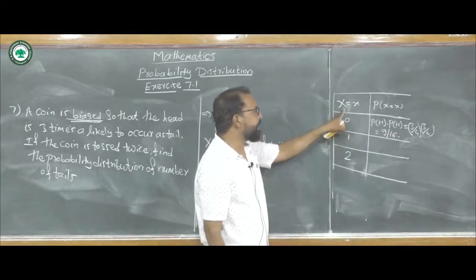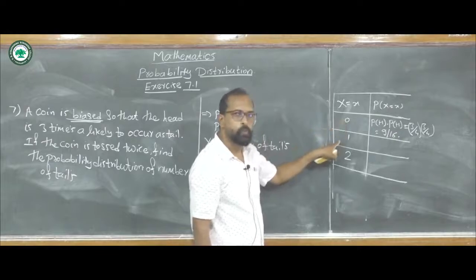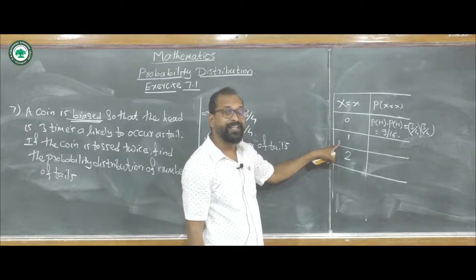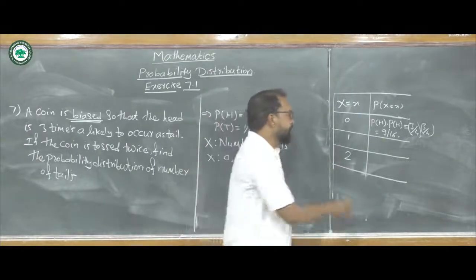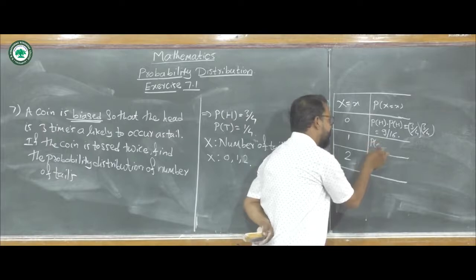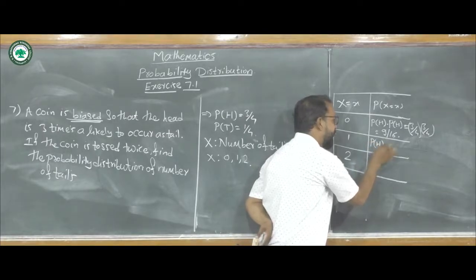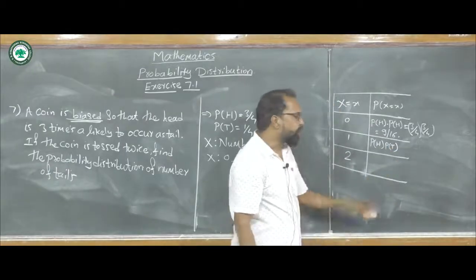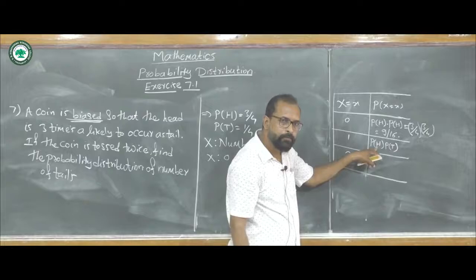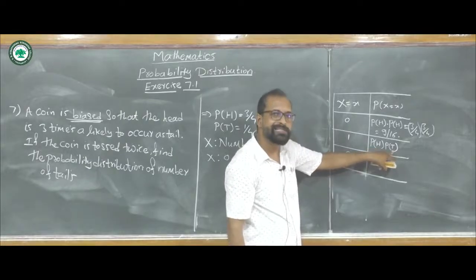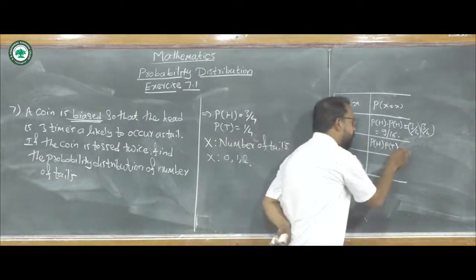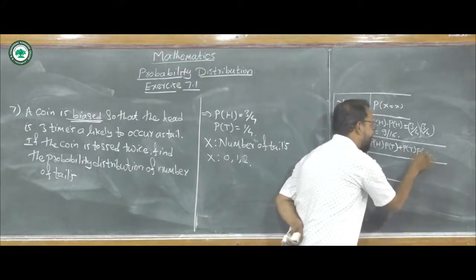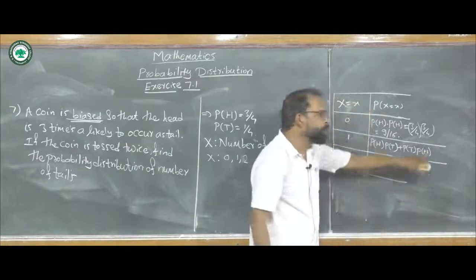Now when X takes the value 1, it means that in one toss we get the tail, that is the success. So there are 2 cases: in the first trial we get head, which is a failure, and in the second trial we get the tail, a success, or in the first trial we get the success and in the second trial we get the failure.